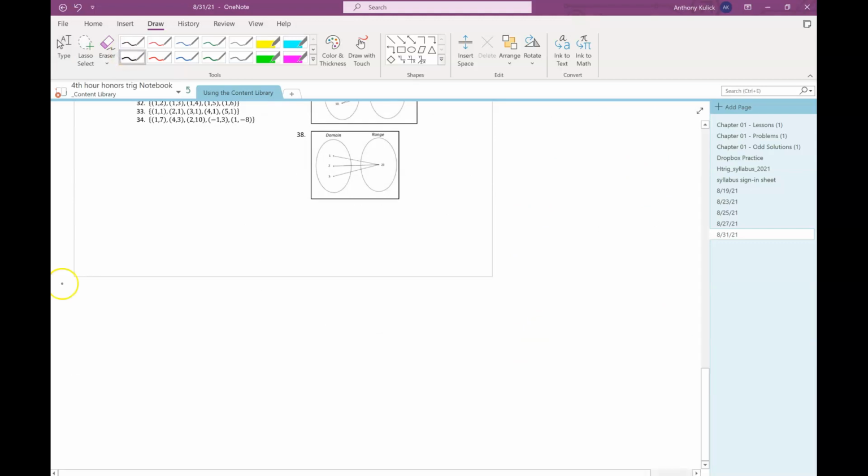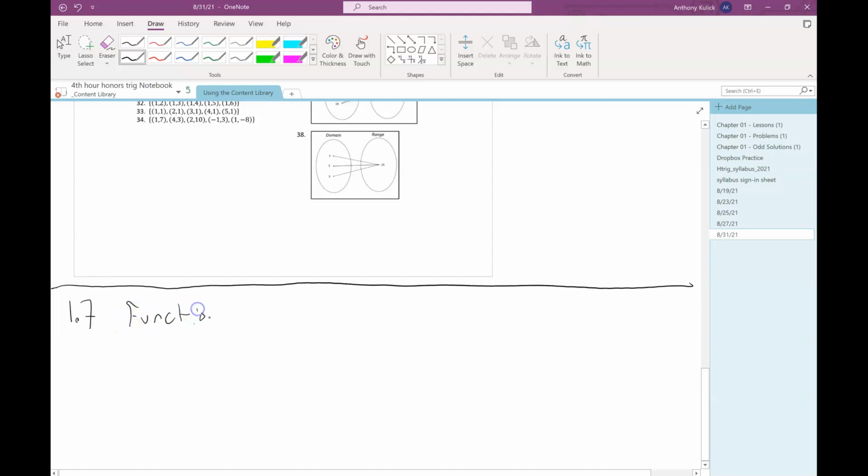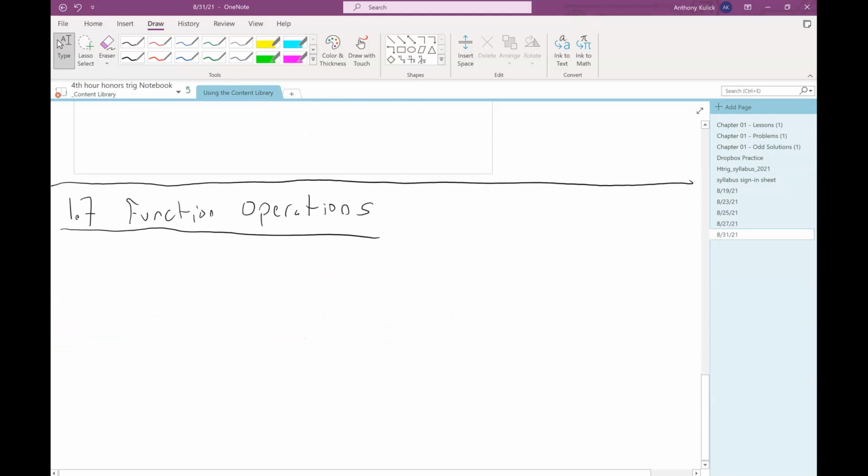Today we're going to try to do section 1.7, which is a rather large section. So we'll start with a couple of definitions. We're going to be talking about function operations here.